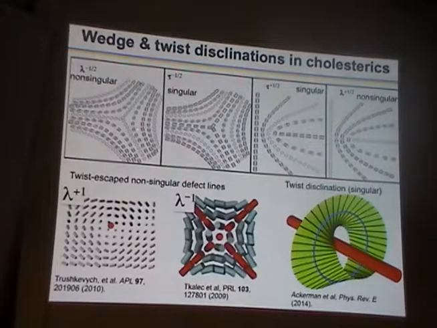But one of them here on the left is called lambda disclination, and the director field in the very center of singularity is along the defect line. So you can imagine that for this reason such a disclination will not be very energetically costly, because you do not need to melt liquid crystal to an isotropic state in this defect core.